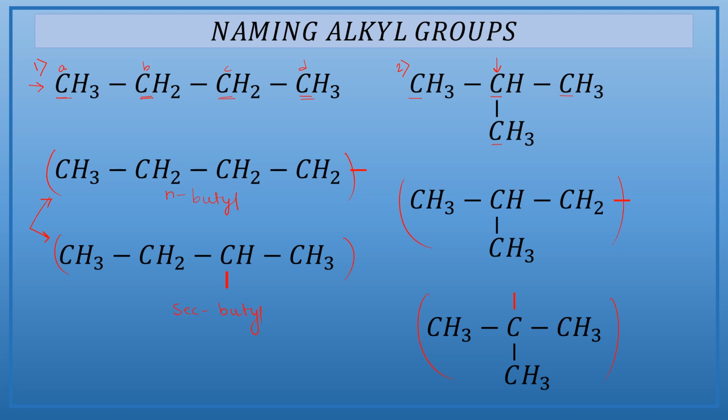The third structure that we derived from structure number 2 is called isobutyl group, and the final structure right here is called tertiary butyl. So you can yourself practice once again drawing all the possible structures from the butane molecule, and you will get familiar with these common names.